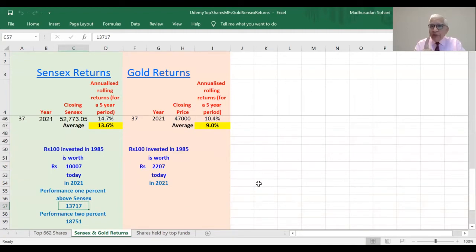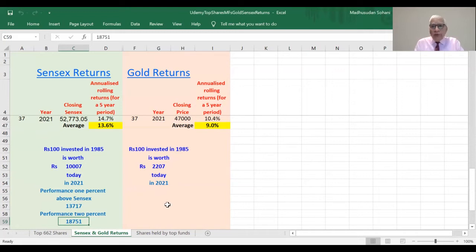Instead of 13.645, we take it as 14.645. 100 rupees becomes 10,000 rupees at the 13.645 rate, and 100 rupees becomes 13,817 rupees, that is 137 times. And if the growth is 2% above Sensex, that is 13.645 plus 2, that is 15.645, the same 100 rupees would have become 187 times. Okay, fine. So this has been the growth.